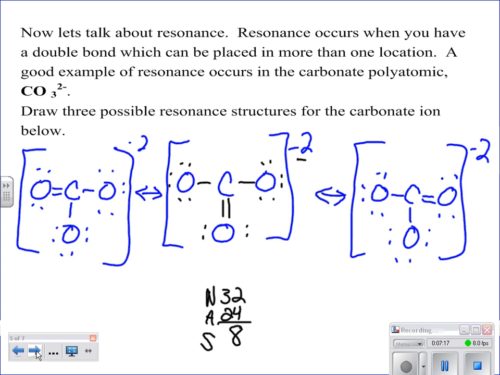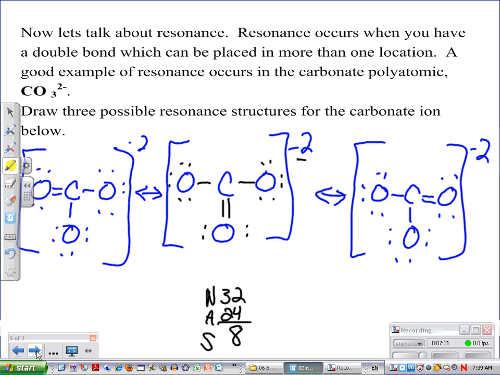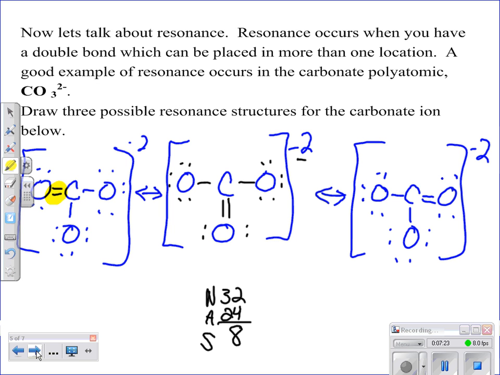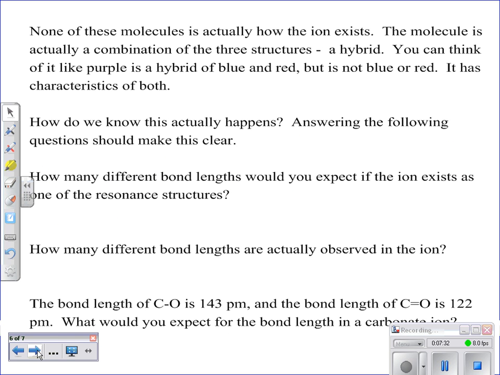And what we see is that actually the double bond is not just right there, it's not just right there, it's not just right there. What we're going to end up seeing is that it's really located in all of those spots. So here's where we see it, none of these molecules are actually how the ion exists. Instead, it's a combination of those 3 structures, or a hybrid.